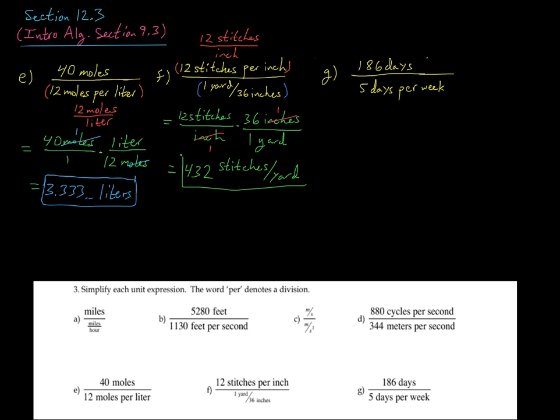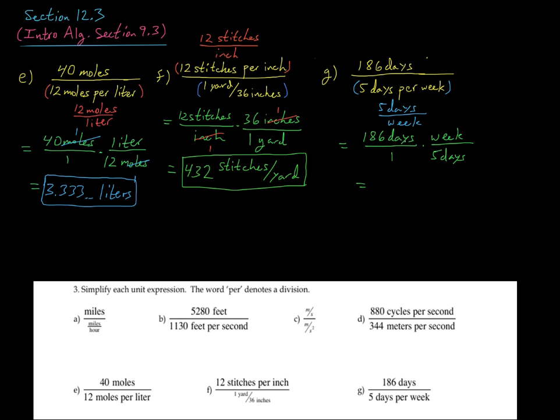And then for our very last one, this is part G. We have 186 days divided by 5 days per week. Again, just more of the same at this point. We have 5 days per, so division bar, week. So we can say this is 186 days per 1 times the reciprocal of this thing in blue, which would be week per 5 days.